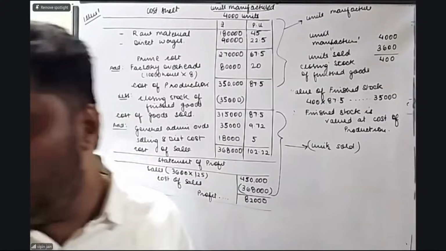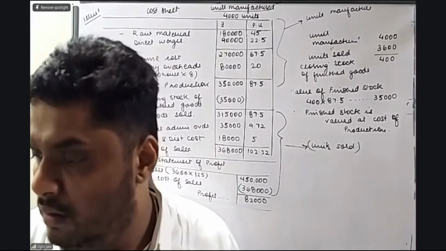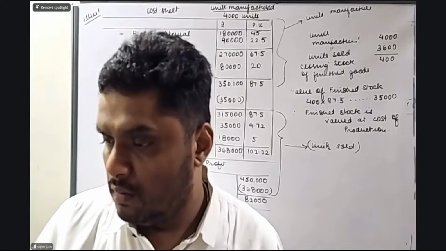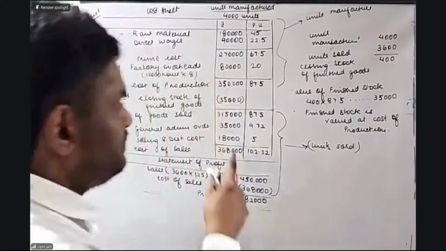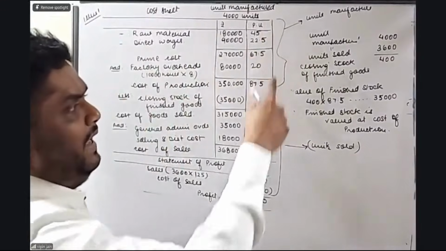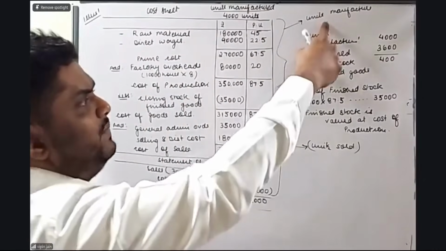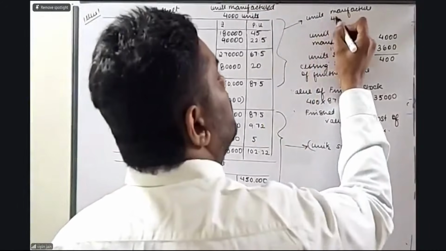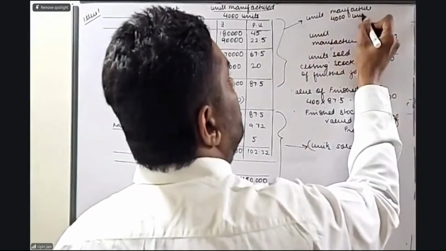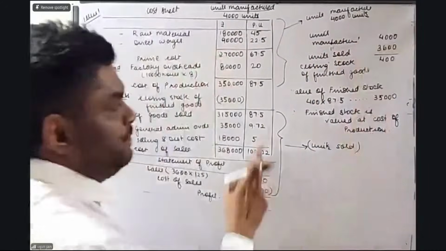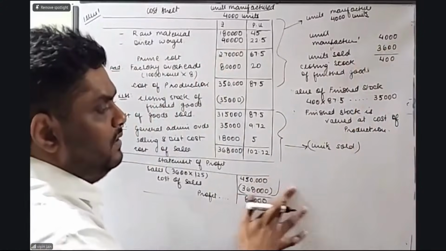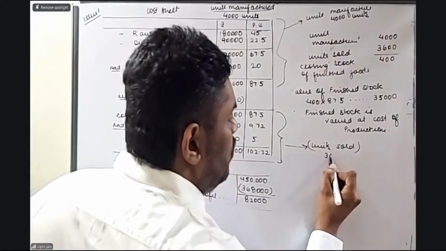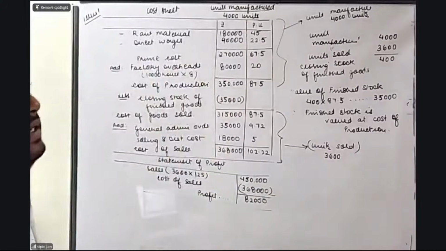Where exactly are you finding difficulty, Mr. Kabira? See, till here we will be using units manufactured, that is 4,000 units. And from here onwards, we will be using units sold, 3,600 units.